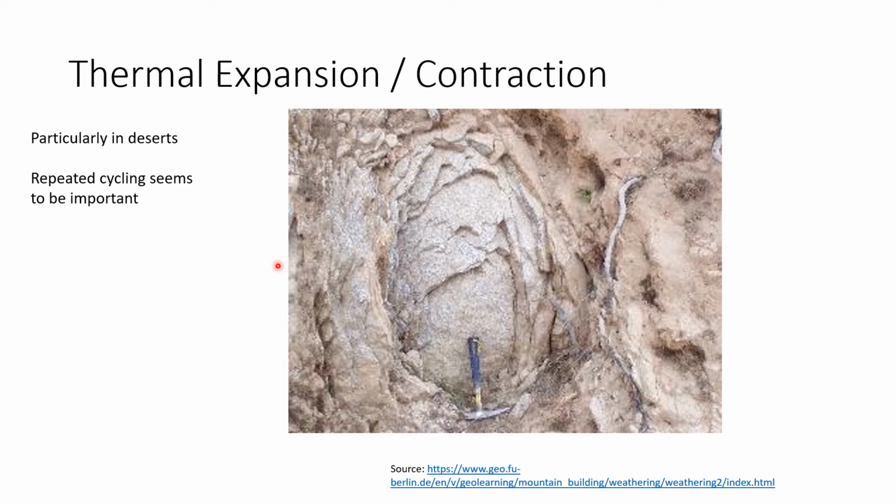You can have really warm temperatures during the day and below freezing at night. I heard about the Atlas Mountains where they were seeing over 100 degrees Fahrenheit during the day and freezing at night, day after day. So in doing that, you really stress your rock, and you can break it like this. Again, it looks a lot like the pressure exfoliation domes to me. This is a smaller version, of course.